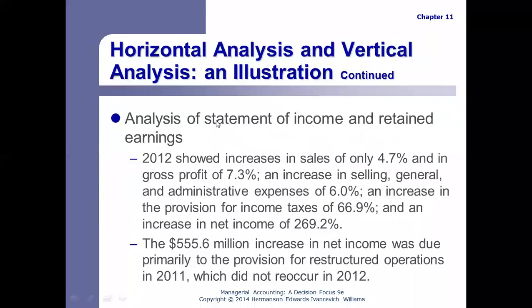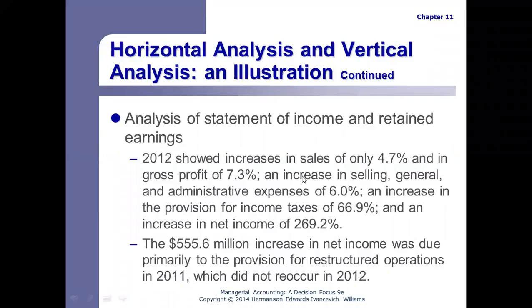Okay, so if you look at the income statement, let's say that there were increases in sales of 4.7%. Your gross profit went up by 7.3%. Your selling, general, and administrative expenses went up by 6%. Don't worry about the tax part, but the increase in net income was 269%.